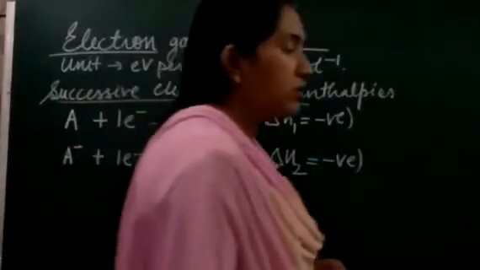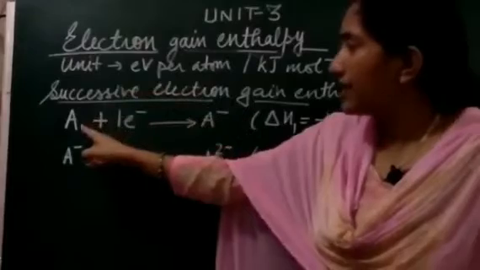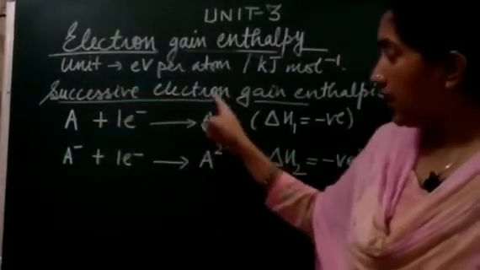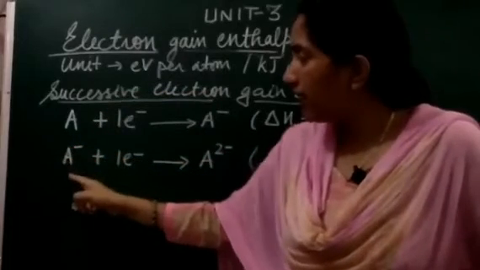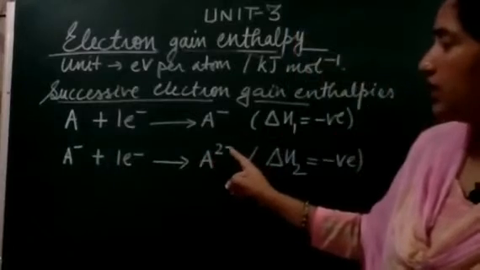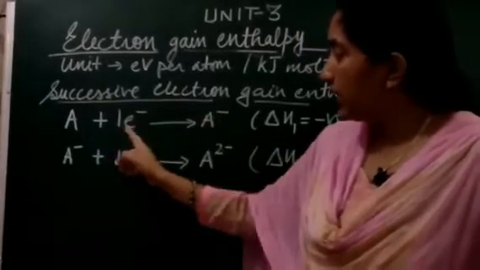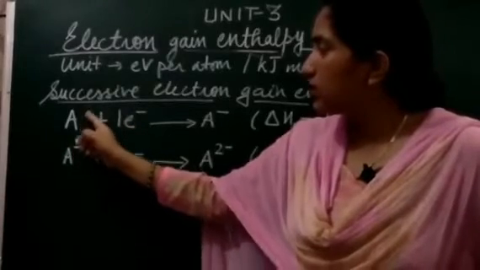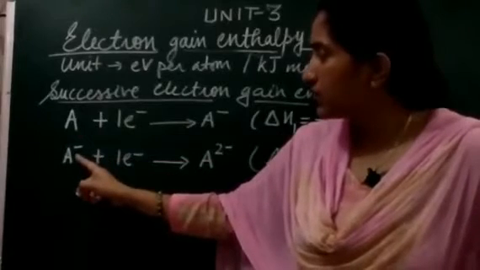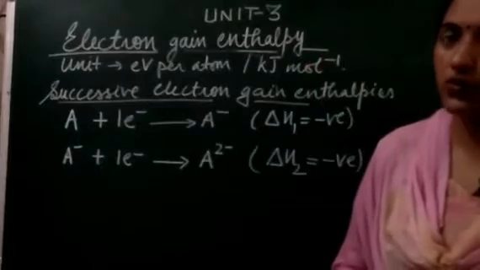Now a question arises: A has a tendency to accept an electron and has changed into the A negative ion. Will this A negative ion have a tendency to accept another electron to change into A2 negative? When the first electron was added, it was a neutral atom. But now in the second case, it is a negatively charged ion. So what will happen?